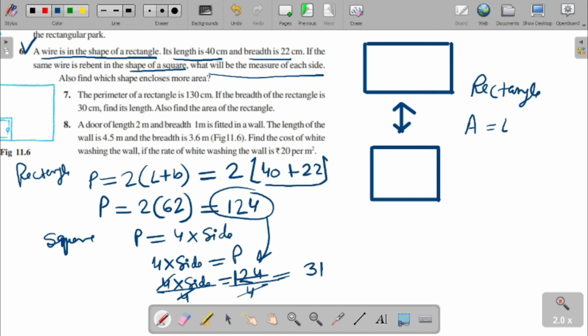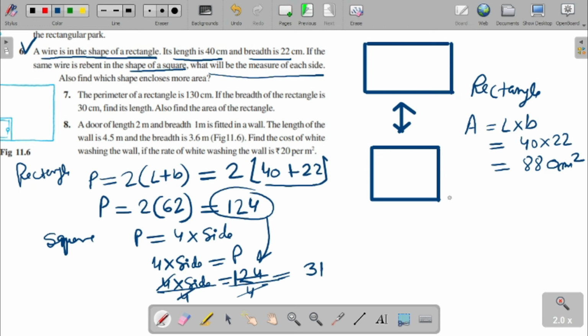Area equals L into B, that is 40 into 22, 880 centimeter square.